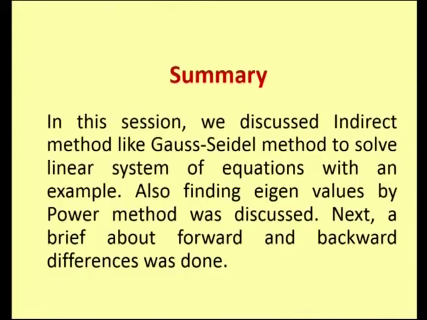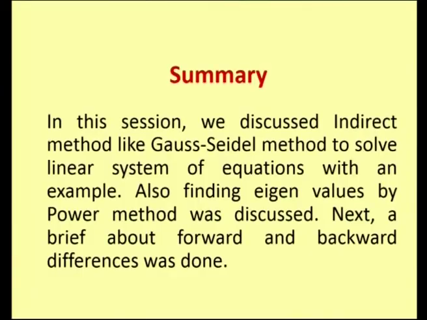In this session, we discussed solving linear system of equations by an indirect method called Gauss-Seidel method. An example was worked out and the procedure was explained, and also we have found out the eigenvalues and eigenvectors of a matrix by iterative method.